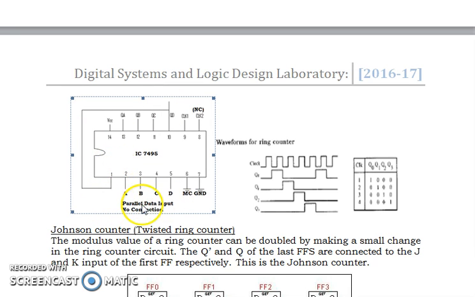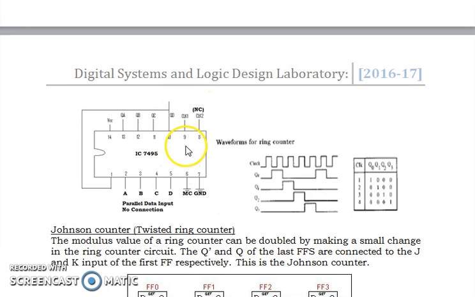Then A, B, C, D have no connection. Those are the parallel data inputs. Then mode control should be given 0. If we give mode control 0 to the 7495 IC, it will enable serial data transfer. If it is given a high value, then it will do parallel data transfer.